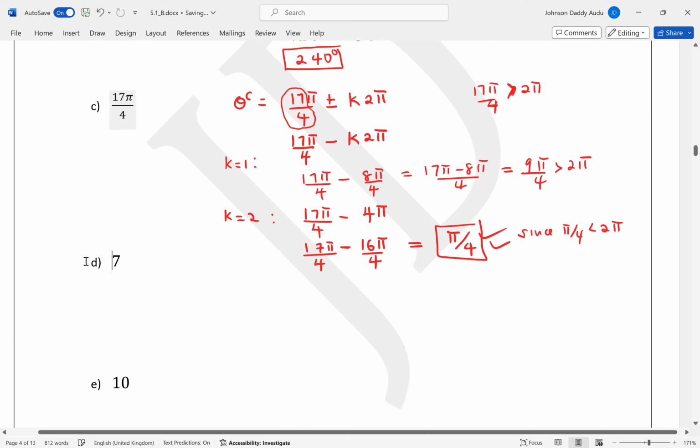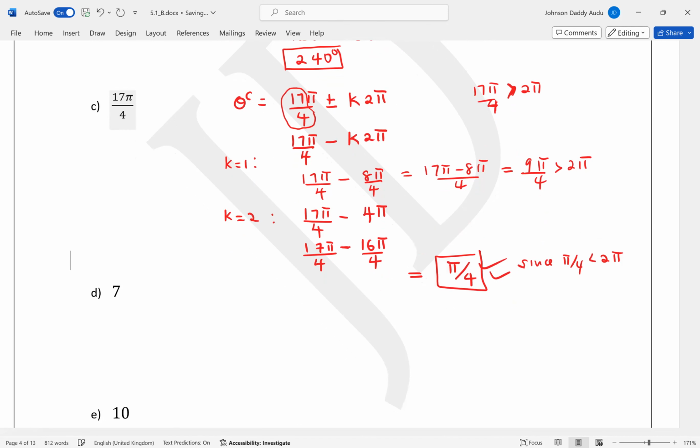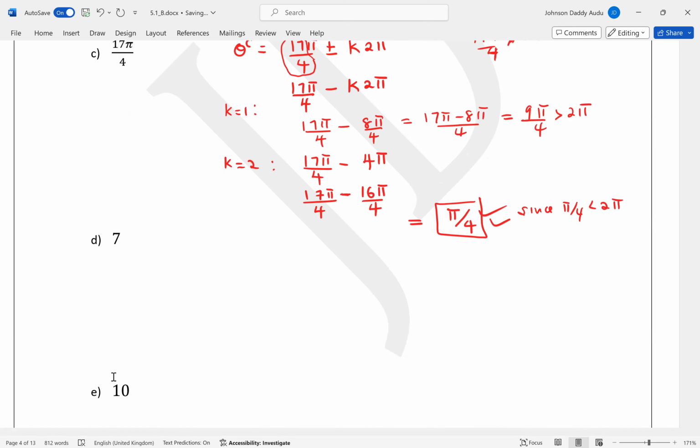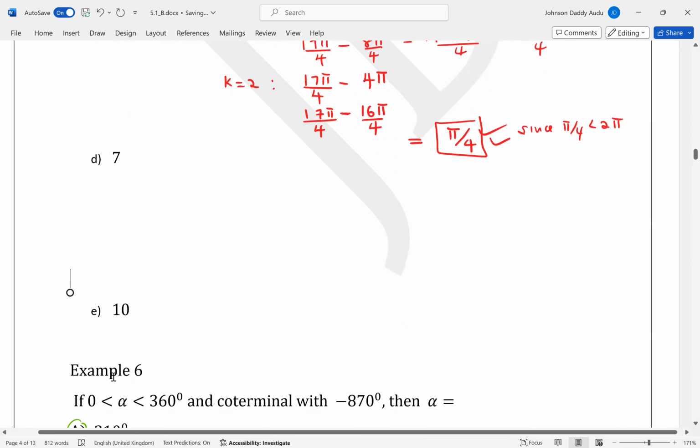So now let's look at D and E. For E, we are looking at just an ordinary 7.